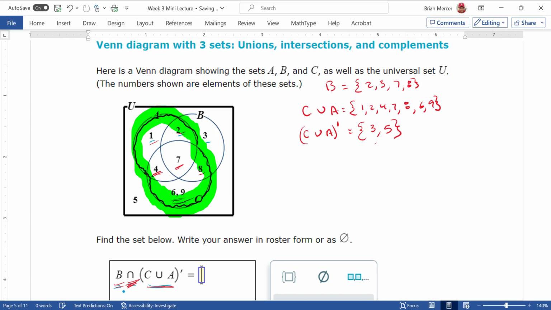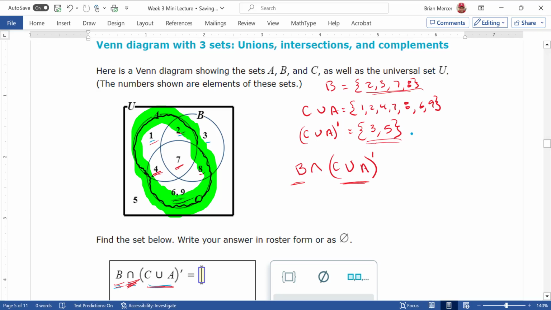Now focus on the overall problem, B intersected with C union A prime. That's supposed to be a union symbol there. So if I look at B intersected with this, I focus on what's in here and also in here.